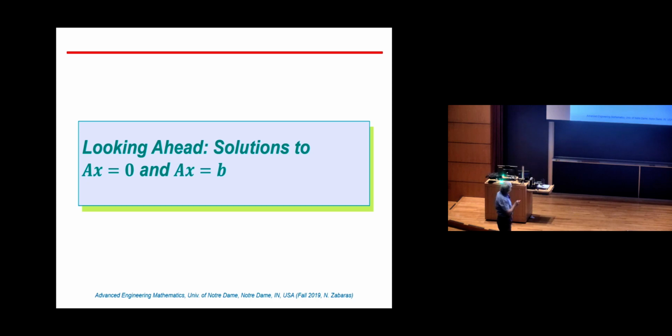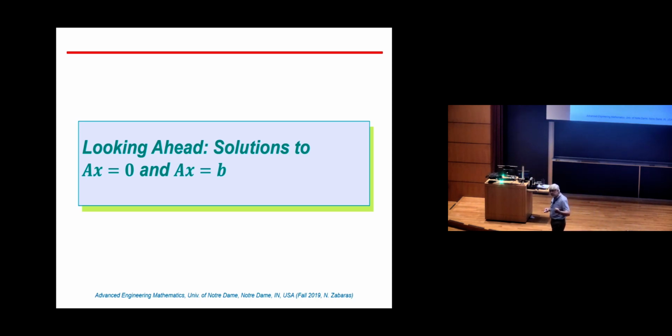So what we would like to do is, we started trying to solve AX equal to B for square matrices, more or less. So I would like to actually address the general problem. If I give you a matrix A and a vector B, can you find me the solutions of AX equal to B? And before we solve AX equal to B, I want to address the problem, can you solve AX equal to 0?